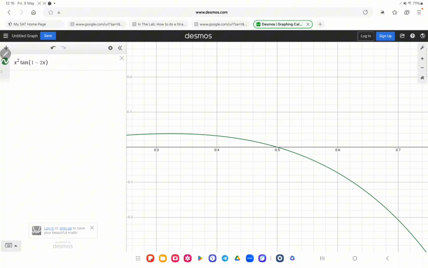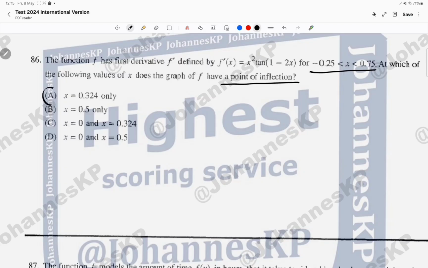I mean the slope of it? I would say it's flattening out here, right? Yes. And on the left, the slope of the f prime is positive. Yes. On the right, it's negative. So it has to be 0.323. Let's check if it's there. Yeah, so it's going to be 0.323, right?